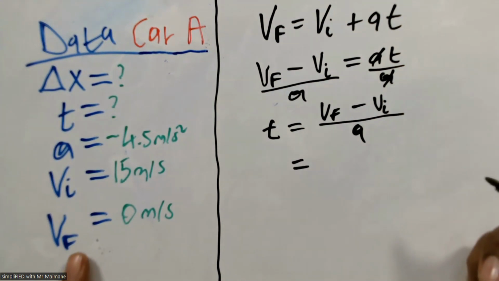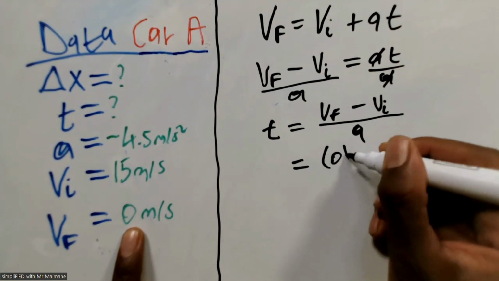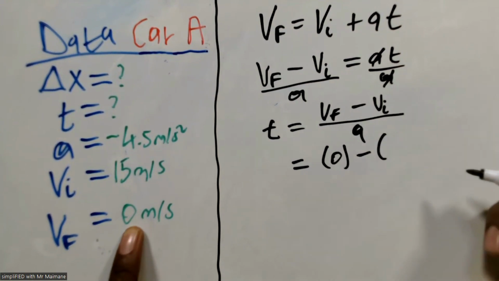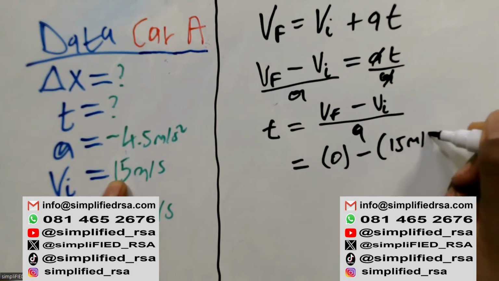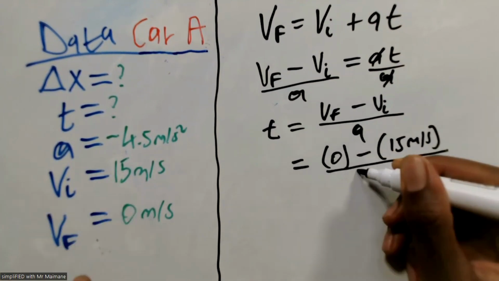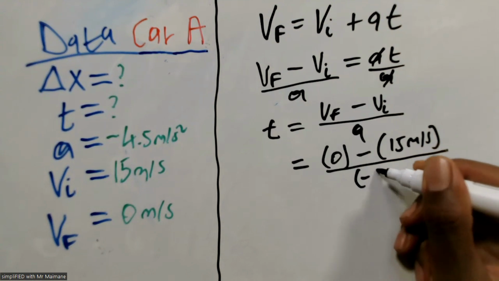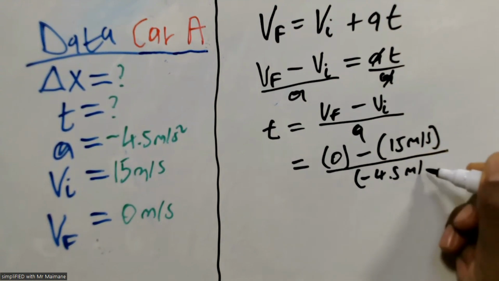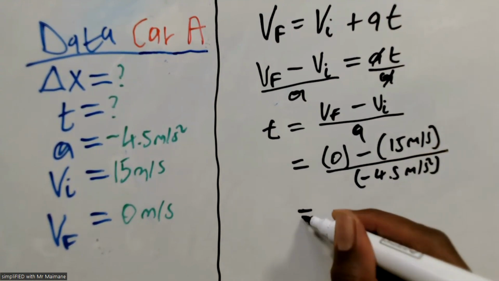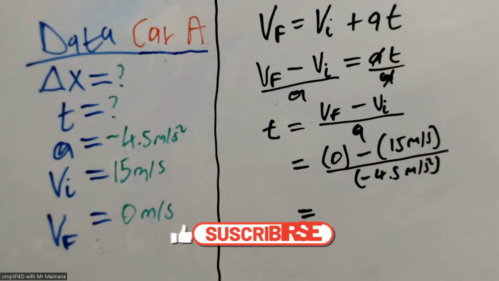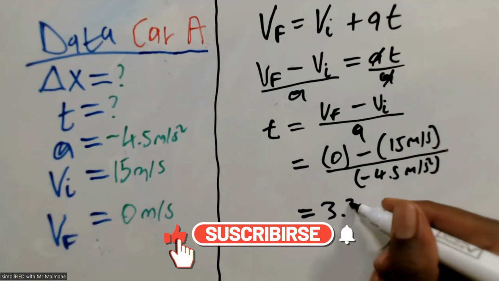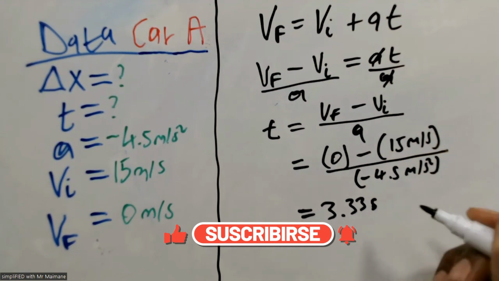And then I can substitute now. My VF is 0, minus my initial velocity, 15 meters per second. And then the acceleration is minus 4.5 meters per second squared. If you punch this on your calculator, you will get that the value for T is 3.33 seconds.